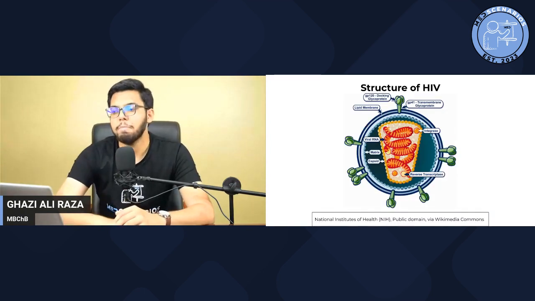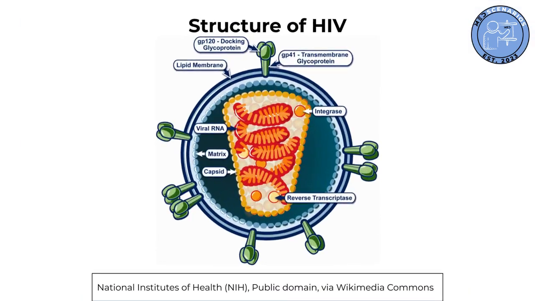So, you can see on your screens that the viral particle can be divided into three parts. One is the envelope, two, we have the matrix and capsid, and three, we have the RNA. Among the envelope, we have glycoproteins, GP120 and GP41.